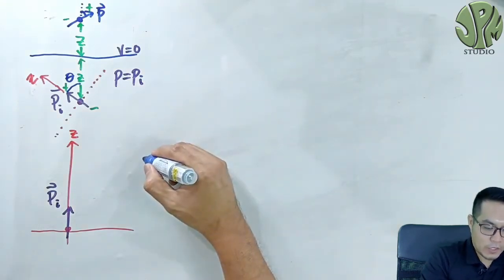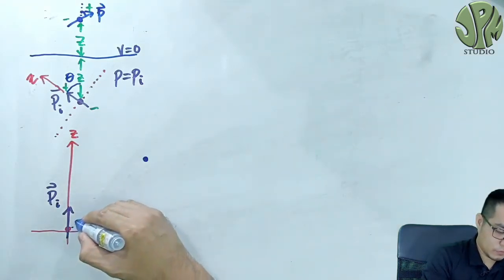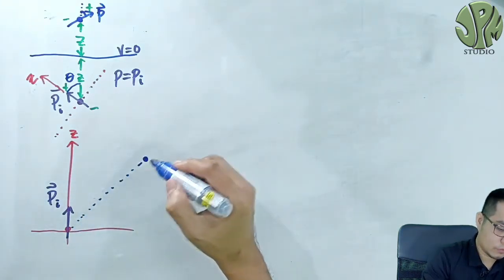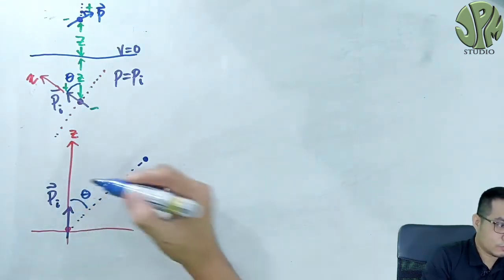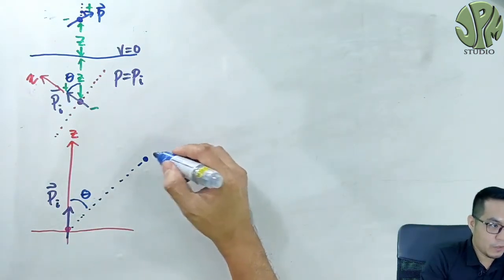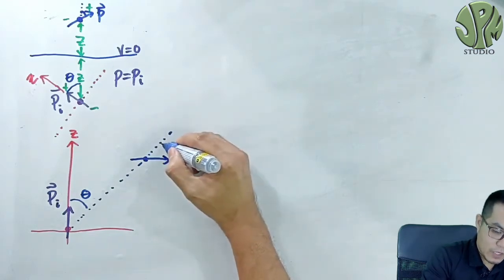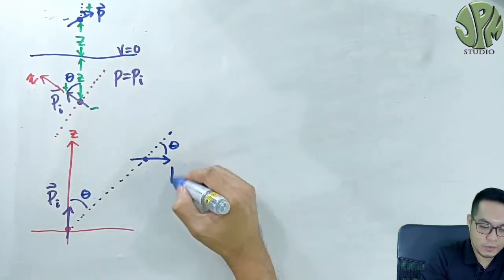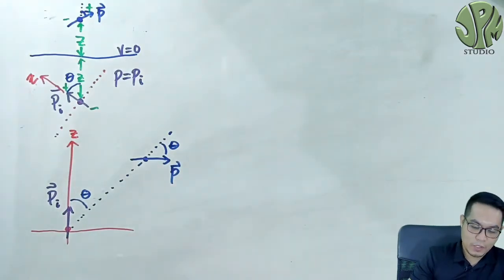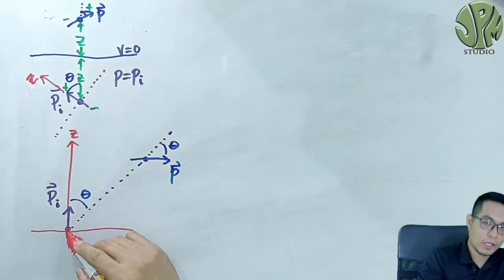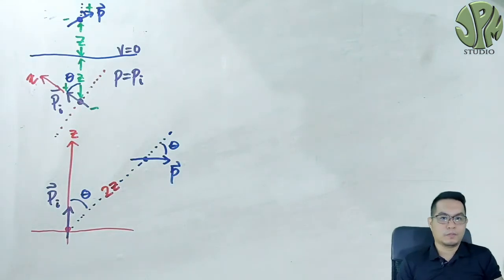Meaning, if the location of the original dipole P is in this direction, then this angle is theta, meaning the orientation of our dipole will look like this. And this angle here is the angle theta. This is our dipole now. And the distance between these two dipoles is 2z.